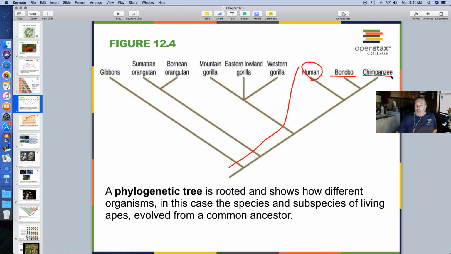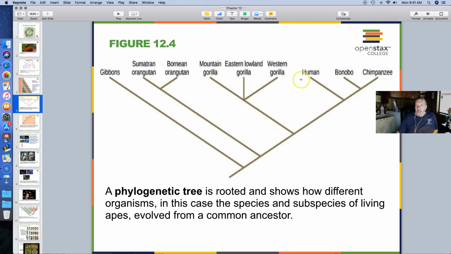We share a lot more genetically with these two primates, and that's indicative of the fact that, again, we're all on the same branch of this phylogenetic tree. Now keep in mind, again, this is just one little piece of a very, very large tree, right? These are just some of the primates, not even all of the primates. But we focus on this one because it's the one that we're part of.